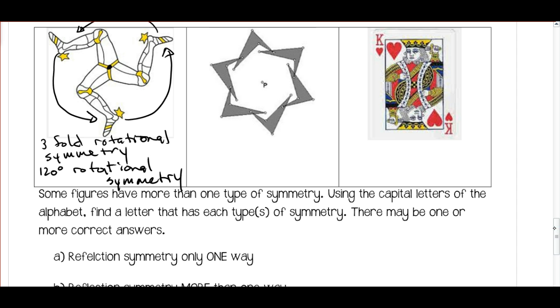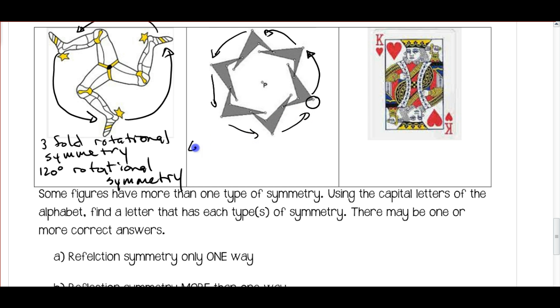So we were talking about the threefold rotational symmetry for the first example. And then for the second example, we can see if I start over here, I'm going to rotate one time and it will line back up on itself. And then 2, 3, 4, 5, 6.